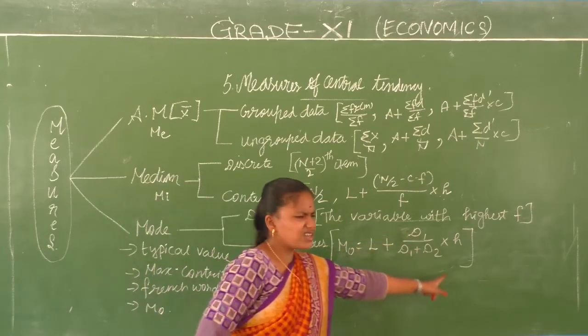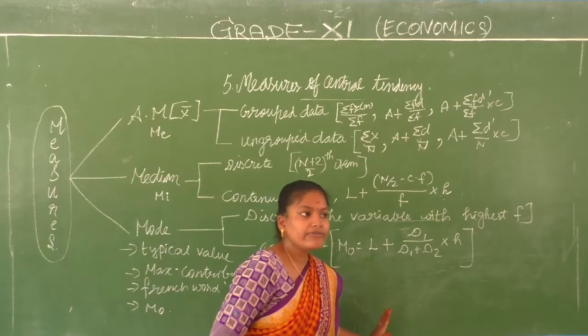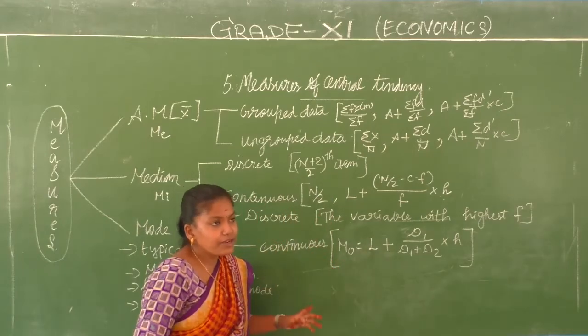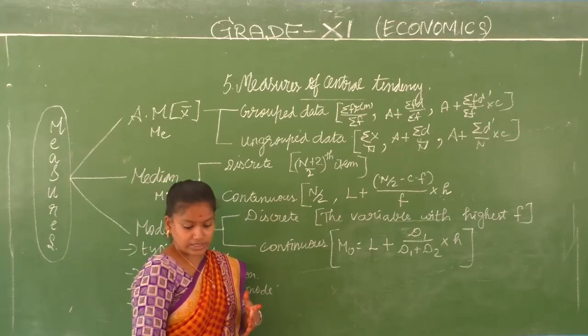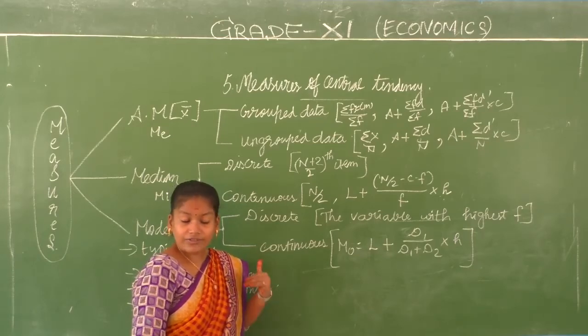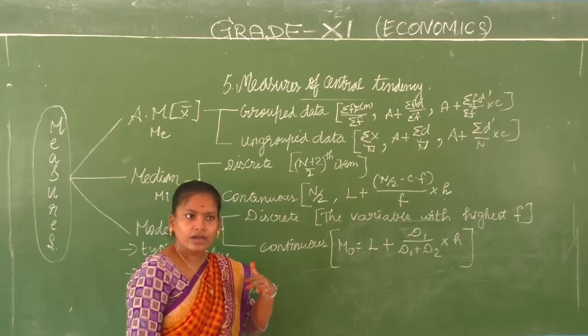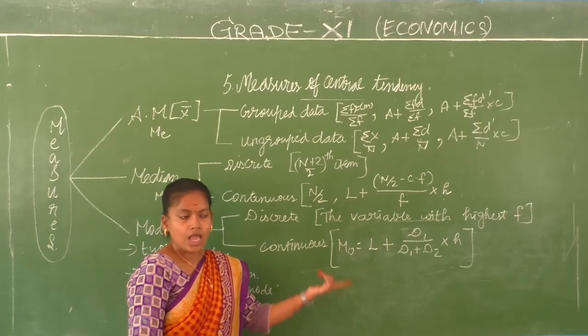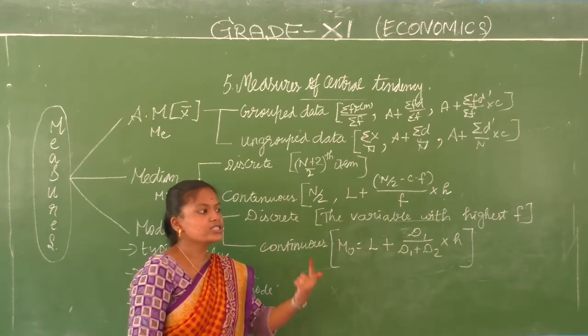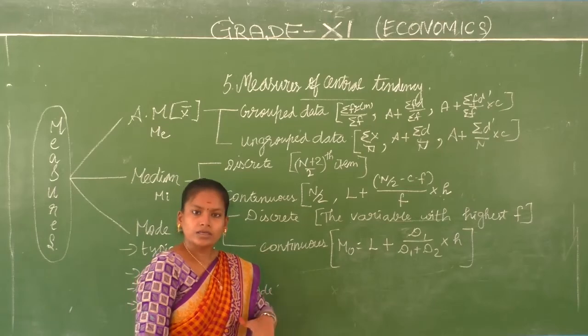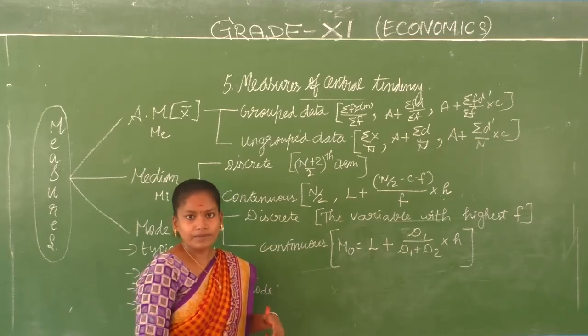What is D1 and D2? D1 is the difference between the frequency of the modal class and the preceding one, and D2 is the difference between the frequency of the modal class and the succeeding class.